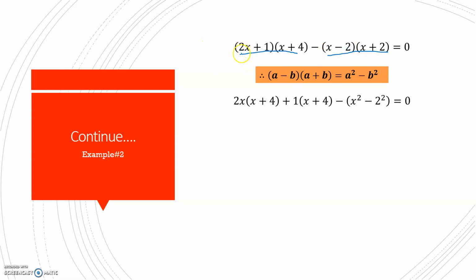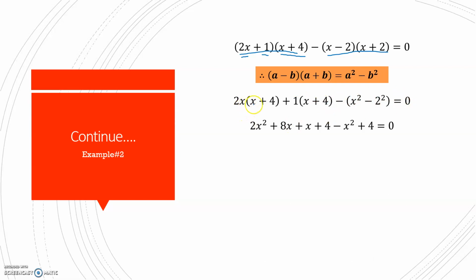In the next step, we will simplify these expressions as 2x will be multiplied by (x+4) plus 1 will be multiplied by the whole expression (x+4), minus (x−2)(x+2) can be written as x² − 2² by using this formula, is equal to 0.